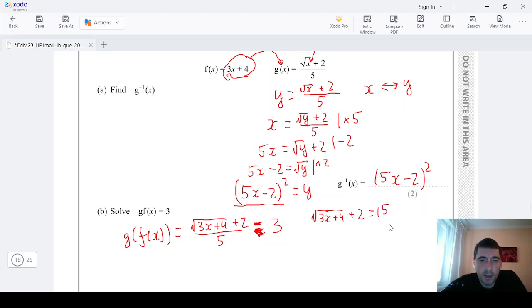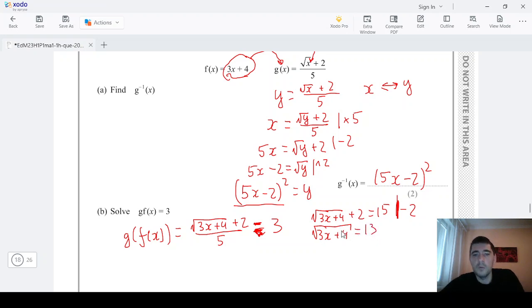Then take away 2 on both sides. So we'll get square root of 3x plus 4 equals 13.